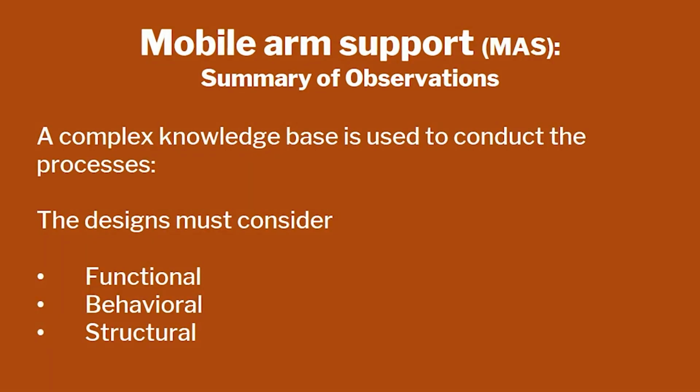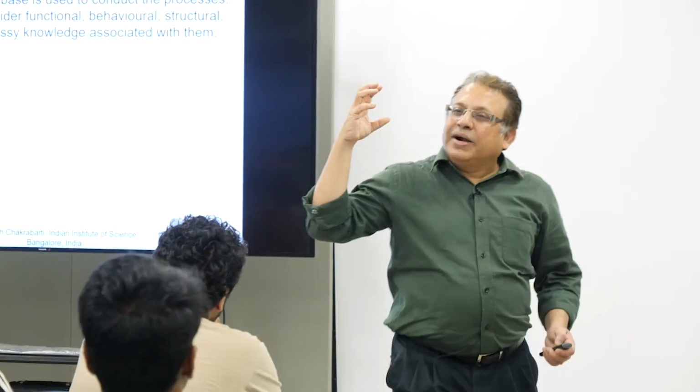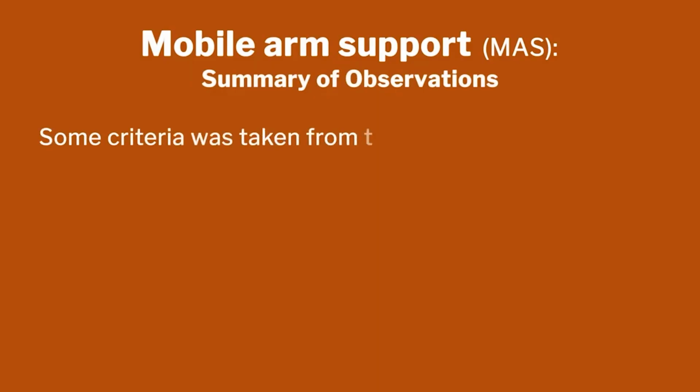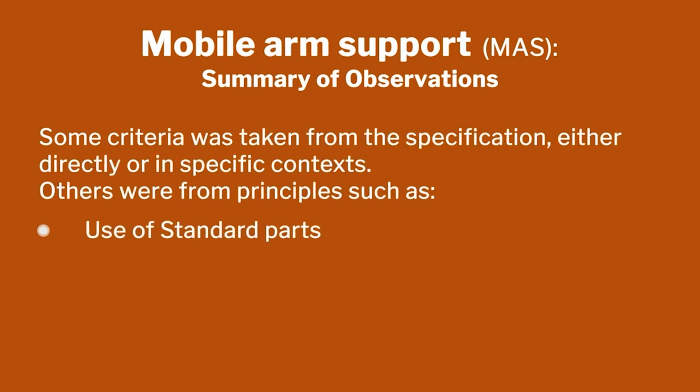And this requires knowledge from functional, behavioral, structural, operational, manufacturing, assembly. It's kind of a complete package. So I want you to therefore learn all of them in an integrated manner. That is important. And remember the importance of standard parts. Remember that there are certain things that are considered common sense.